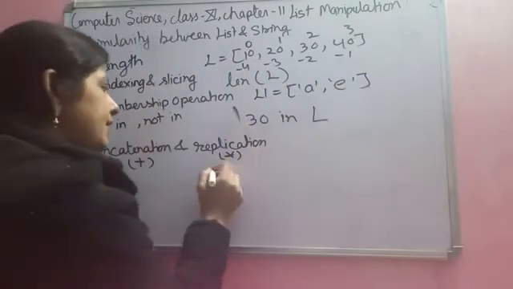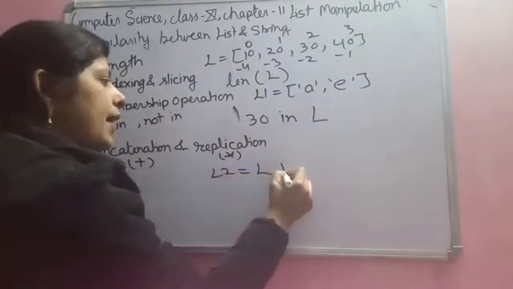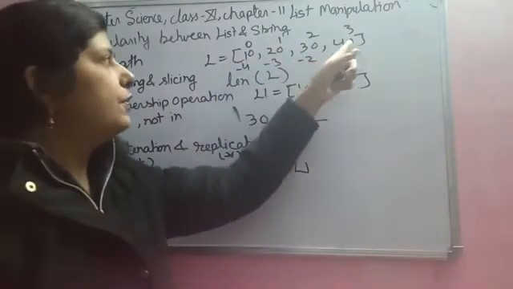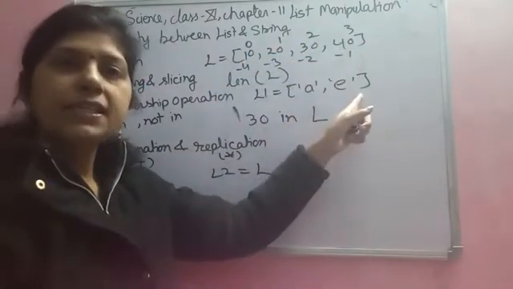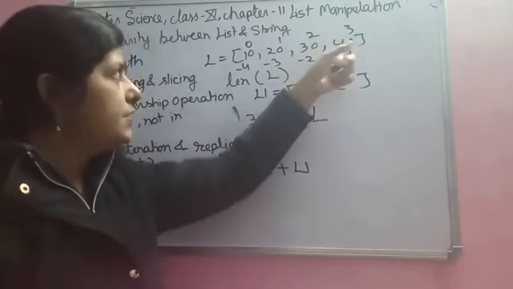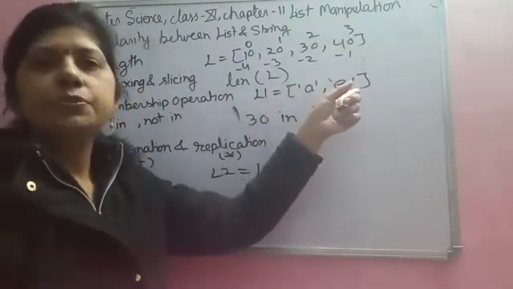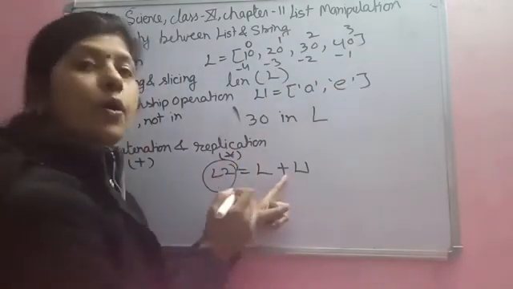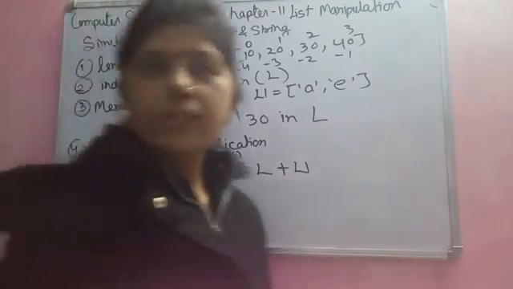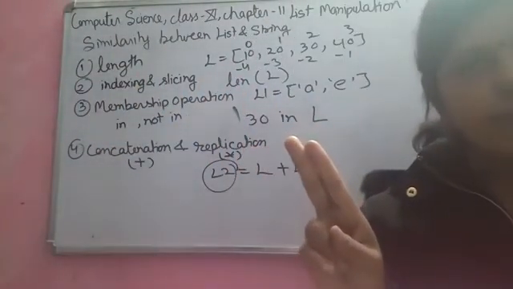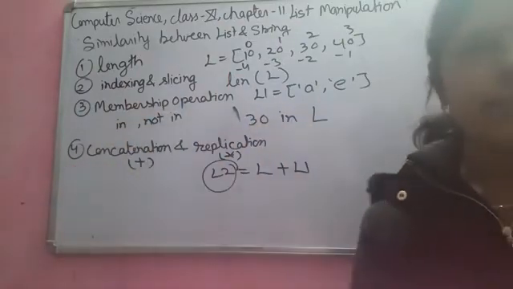If you are telling L2 is equal to L plus L1, it returns 10, 20, 30, 40, A, E. Means a list which has 6 items. First this 4 and this 2. Total 6 items in this L2. That is the concatenation. Plus operator takes two lists, concatenates the lists and returns the concatenated list.